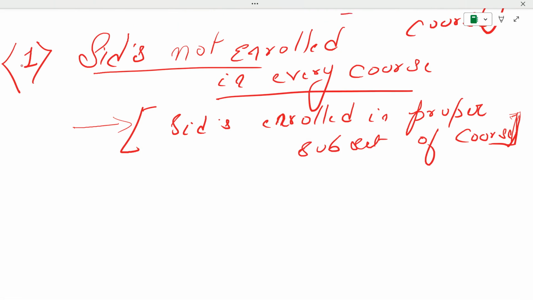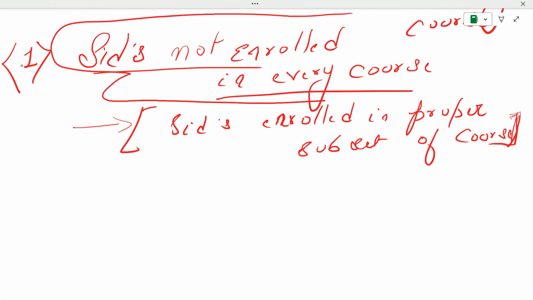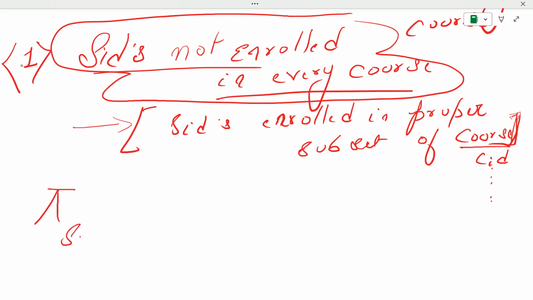So how can we find the SIDs which are not enrolled in every course? The course gives us the course ID, that is the CID, and for every course we have a corresponding CID. From enroll, SID CID gives us which student has enrolled in which course, a valid combination.